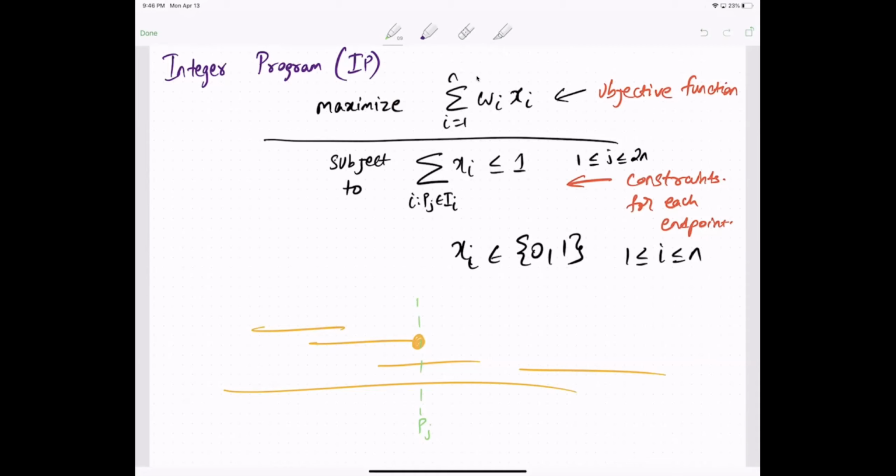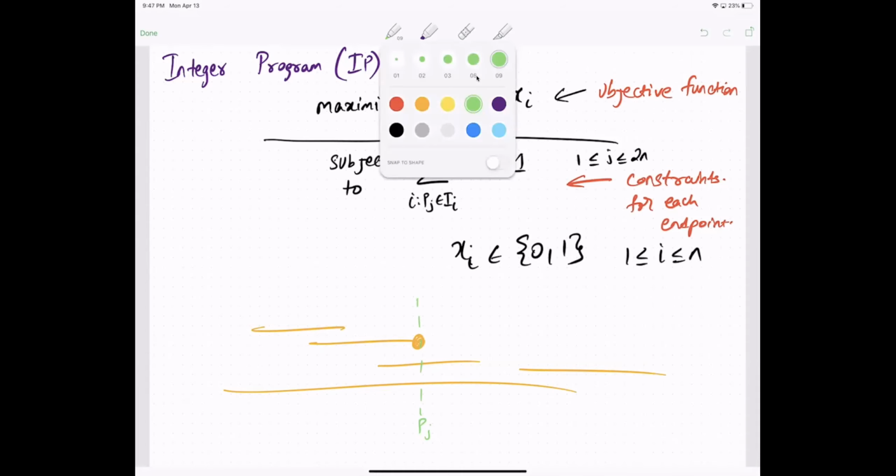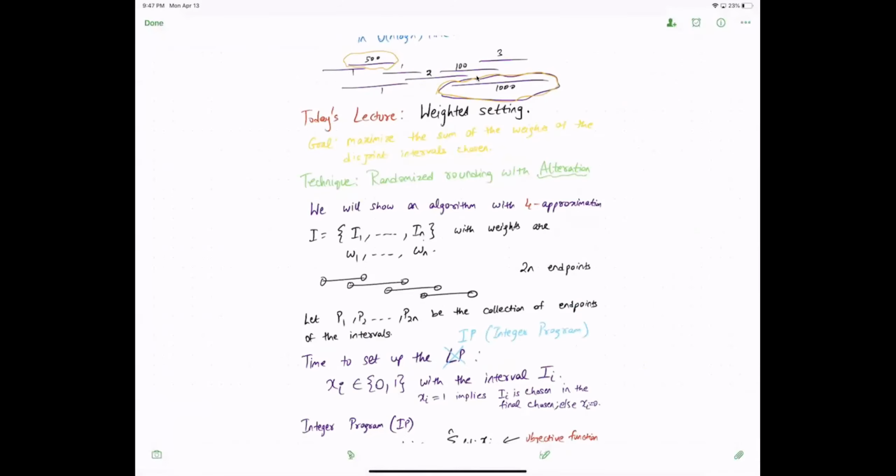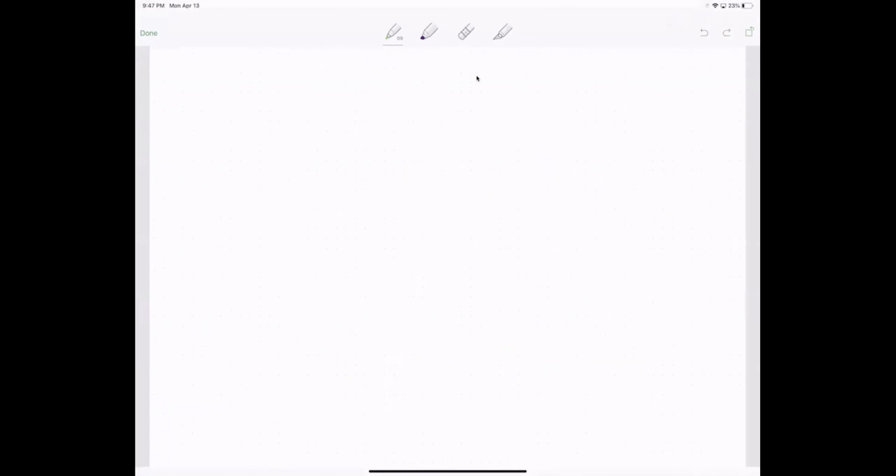And how do we do that? Now we say that the variables that we have, xi, need not take just the integer values 0 and 1. They can take any fractional value. So that's called a linear program relaxation. Let me just write that down, and then we'll see how it looks.